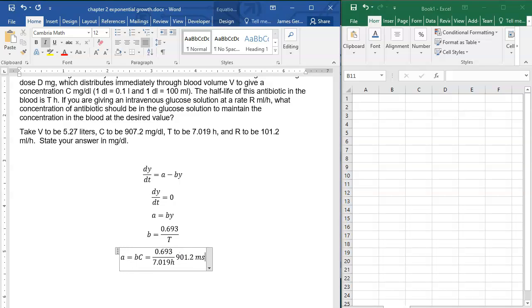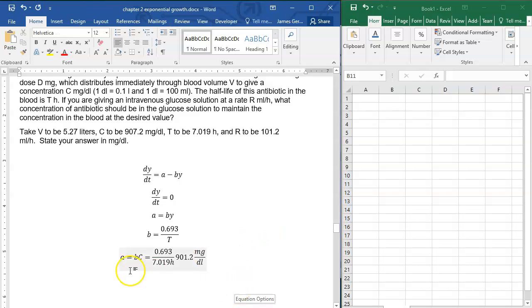907.2 milligrams per deciliter. Okay, so this is A, whatever that number happens to be. And we've got to use the blood volume and R to figure out from A what concentration we need in this solution that we're putting in at a constant rate R. All right.